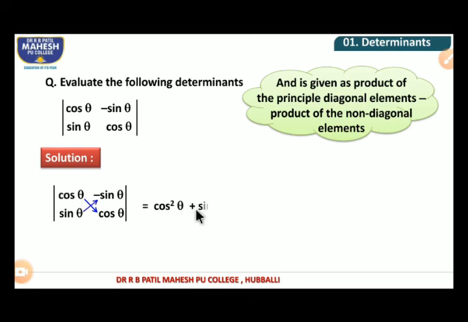We should take the minus sign, and sin theta into minus sin theta becomes minus sin square theta, and minus into minus becomes plus, so plus sin square theta. Which is equal to 1, because it is the identity which is present in the trigonometry chapter, that is cos square theta plus sin square theta is always equal to 1.